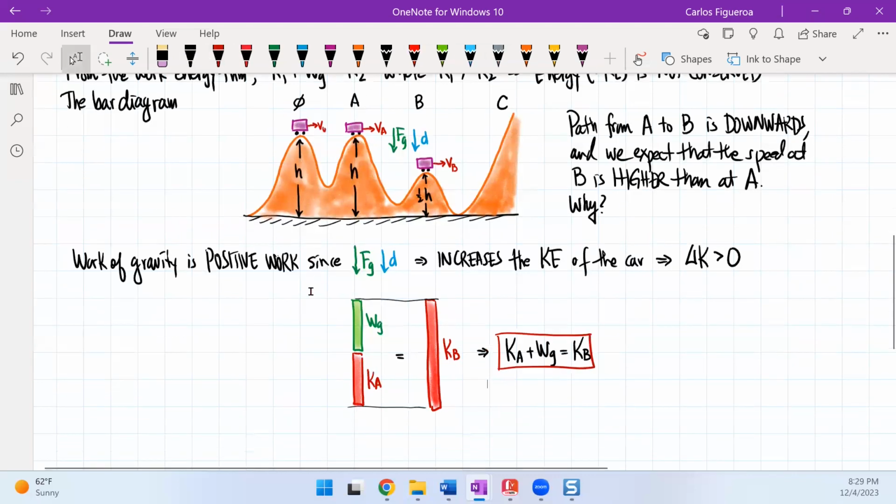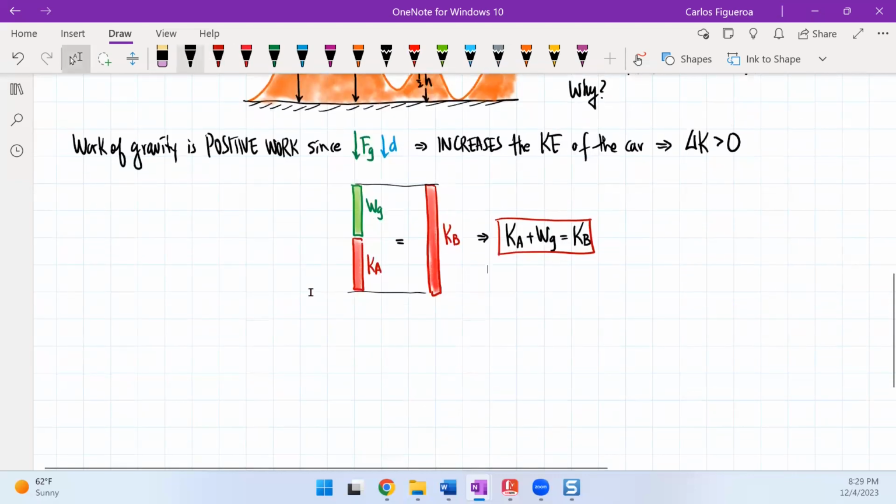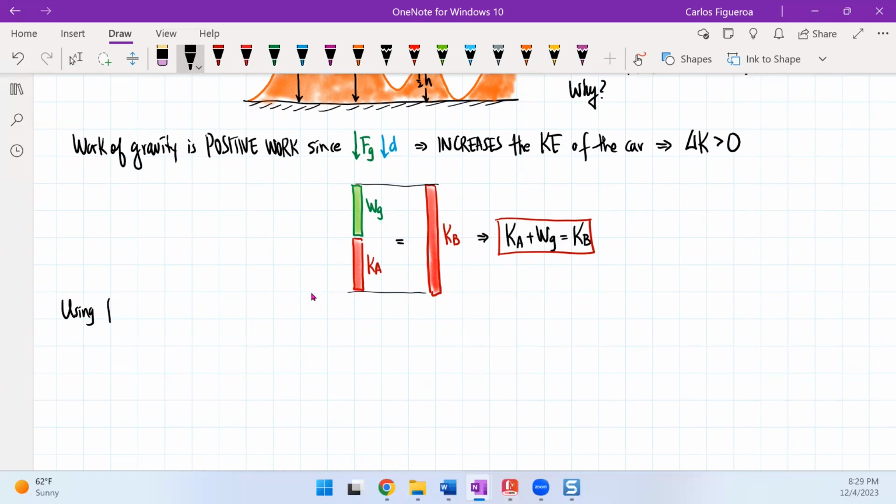Let's compute that. So now, using the work energy theorem, we see that KA plus the work of gravity has to be KB.